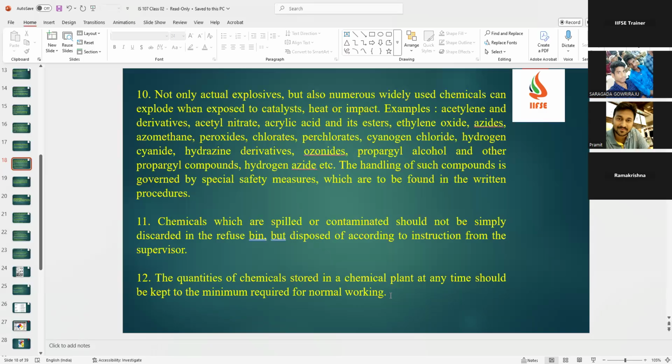So we are not supposed to exceed the threshold quantity of the chemicals. We have to check the legal requirements also. That also covers point number 12. One is to safeguard your facility, second is to avoid wastage of the chemical by expiry, and third is the legal requirement. These 3 points you can check in point number 12.